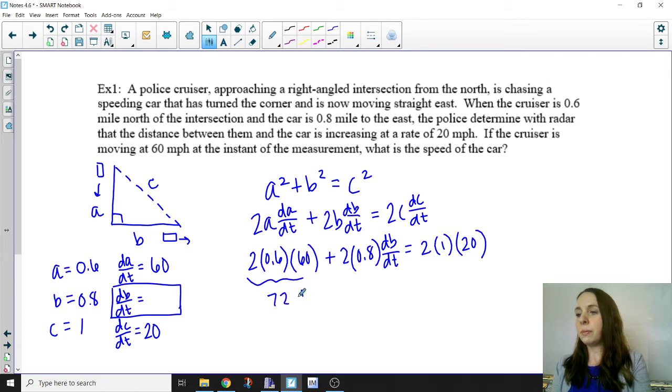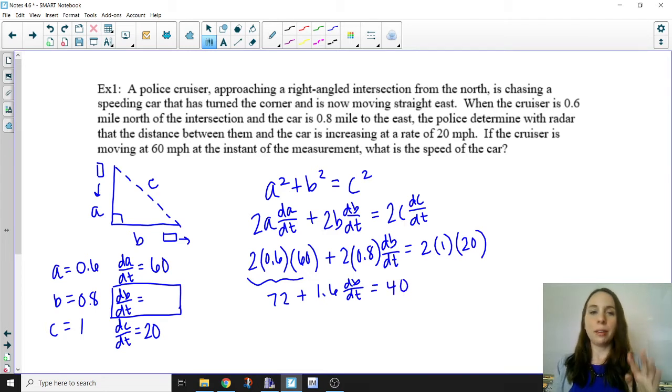This is 72. This is where I start to get nervous because something bad's going to happen. I hope you're not mad at me. Okay, finish solving from there. Subtract the 72. Do you see what's going to happen?